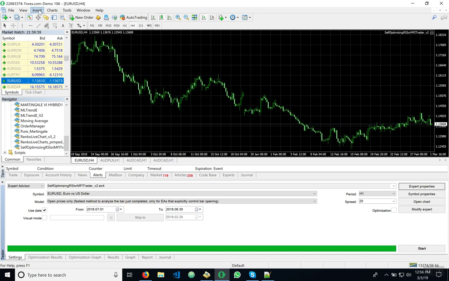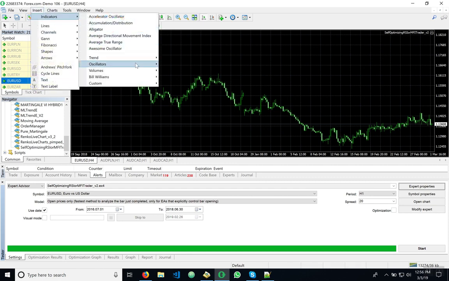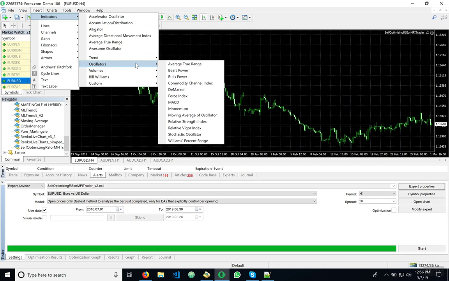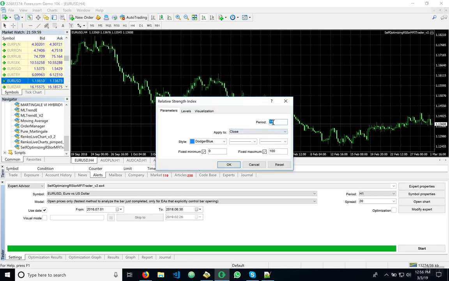To get your RSI indicator on this chart, where we have the Euro US dollar, you go to Insert, Indicators, Oscillators, as we noted that the RSI is an oscillator, and choose Relative Strength Index, and the period. Typically, the general consensus is that the period for gauging the RSI values is 14.